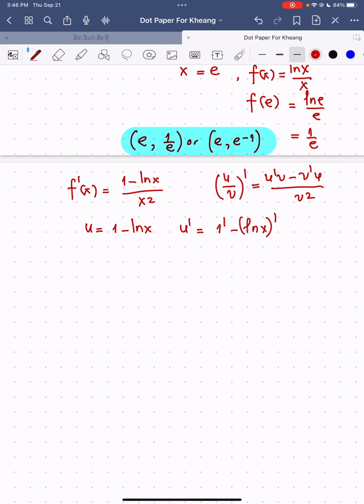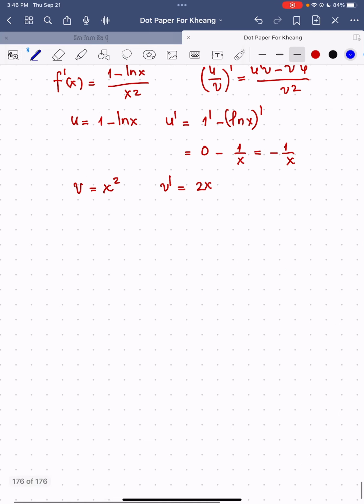You might get confused here, but remember that if a number has 1 as an exponent, we never write it, we just keep it as a single number. So the derivative of 1 is 0, minus 1 over x, and that will be negative 1 over x. v equals x squared, and then v prime will be 2x here.